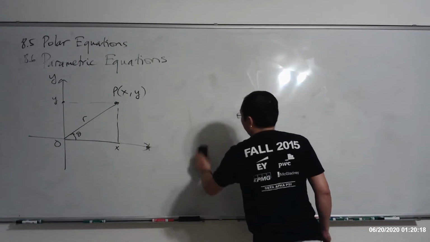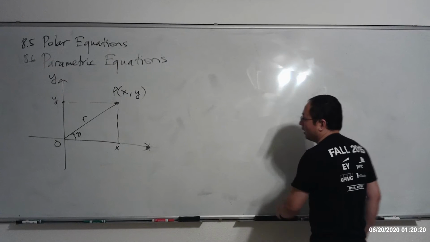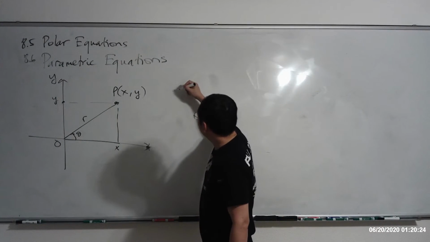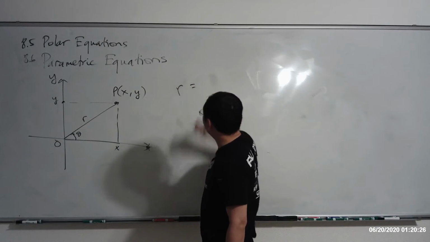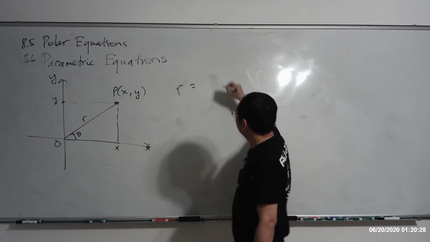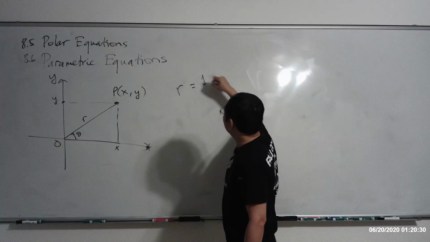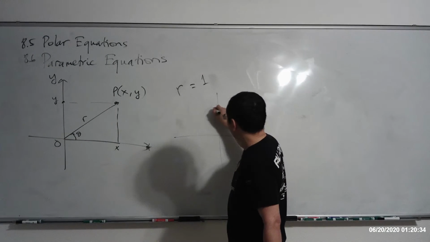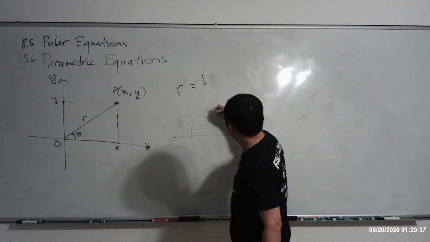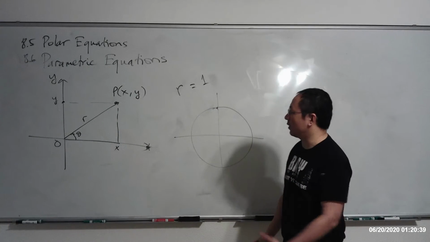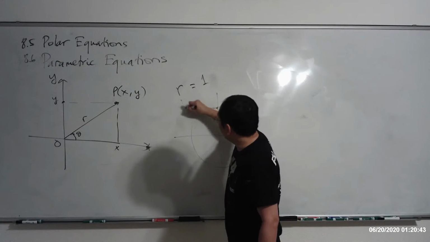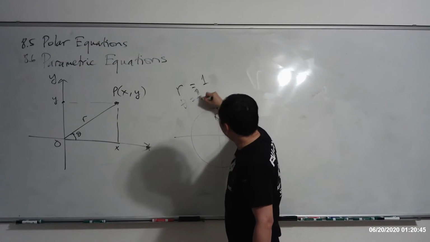All right. Now let me show you an equation. What if I give you this one: r equals 1? You know what this is? This is the equation of a circle of radius 1. The r is 1, and theta could be anything. What if I give you the equation theta equals pi over 3?